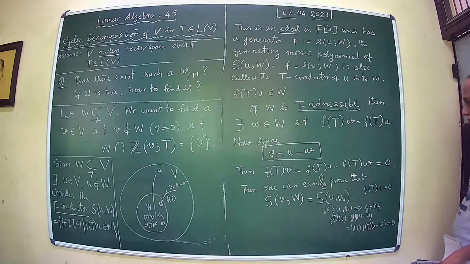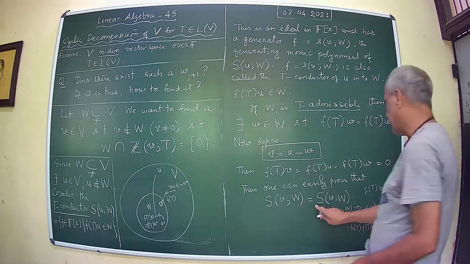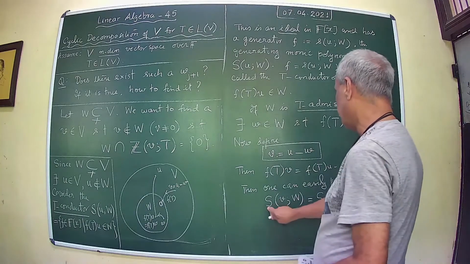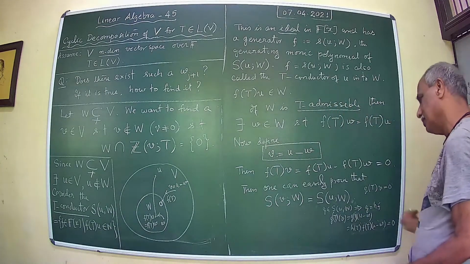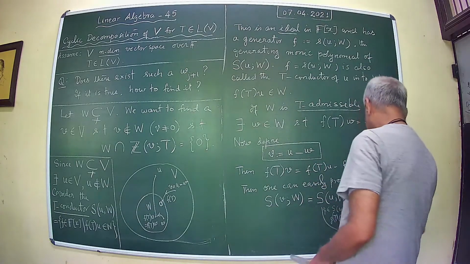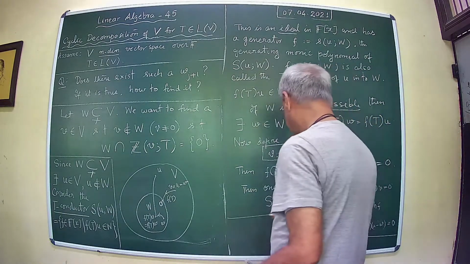See, so you see that every element of this is an element here. And you reverse the argument and then you get that. So that's quite easy.